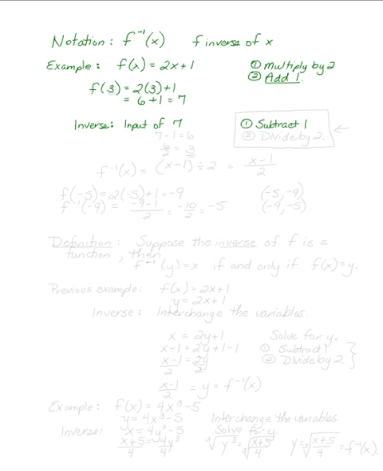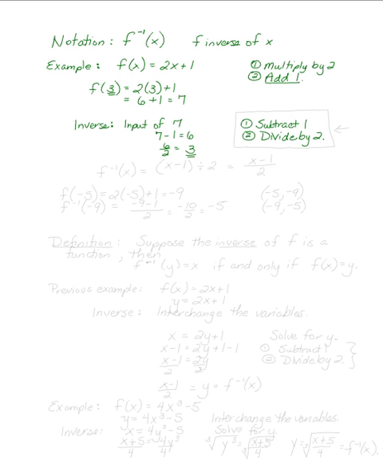And so then we would take 7 minus 1, we would get back to our 6. The second thing we would do then is, we first multiplied by 2, so how do we undo multiplication? What we would actually do is divide. So I would divide by 2. And if I divide by 2, 6 divided by 2 gets me back to 3, which is the value that I started with over here. So my input of my function was 3, my output of my inverse is 3.